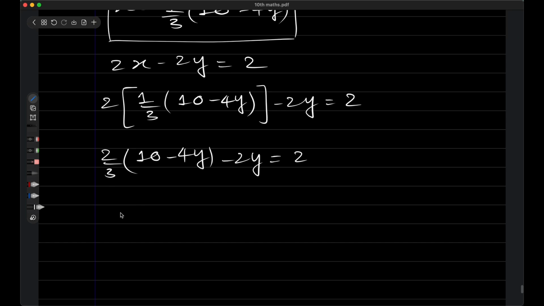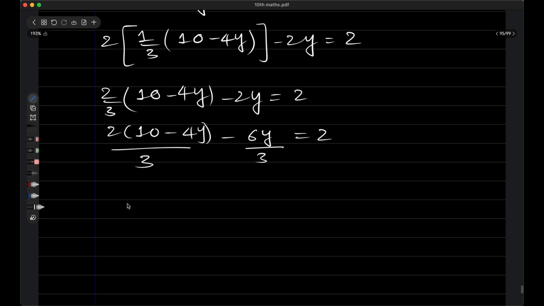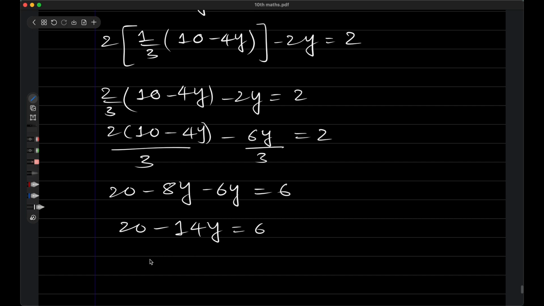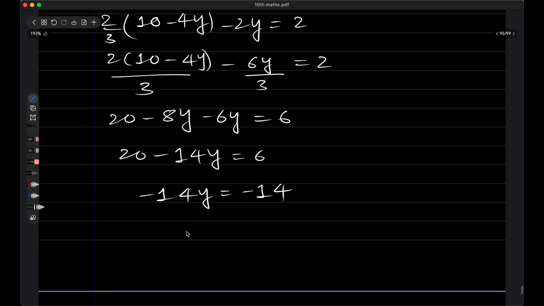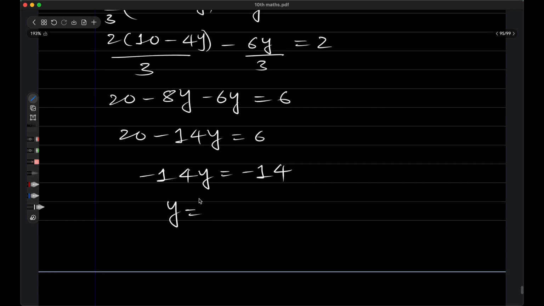Take 3 LCM, we will get, send 3 on the other side. We will get y equals minus 14 divided by minus 14 equals 1.